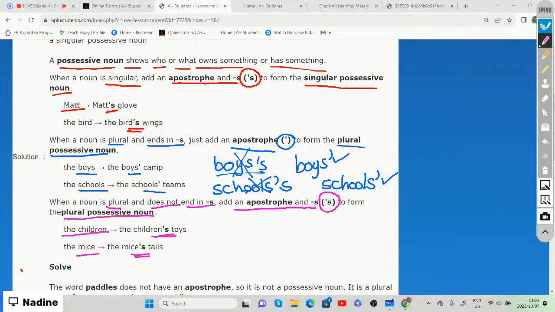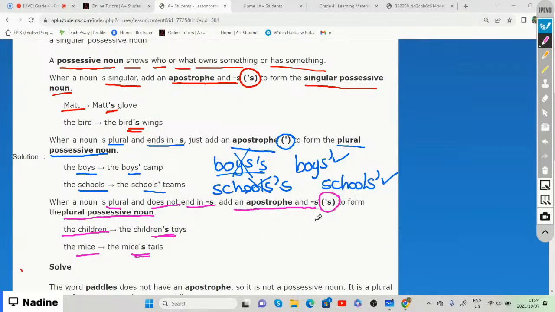Mice's tails. And these are possessive nouns, right? Possessive nouns show who owns something or has something.